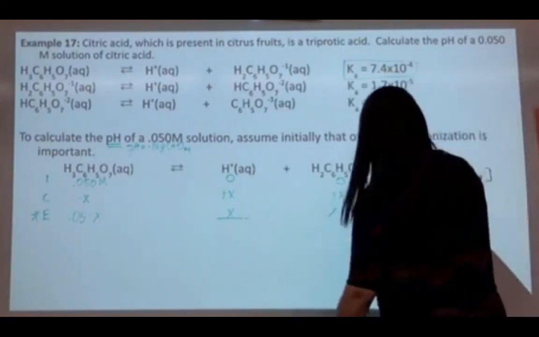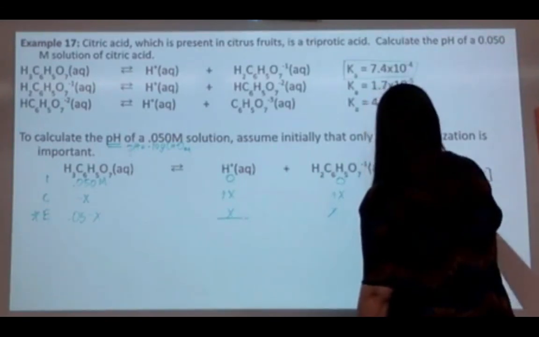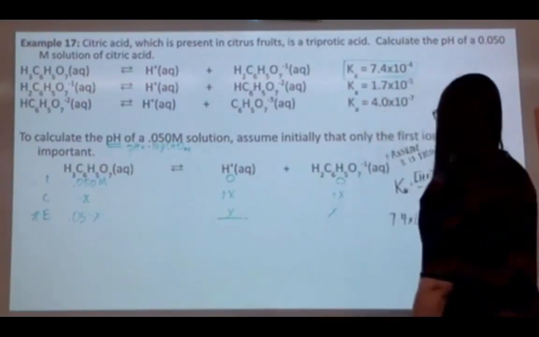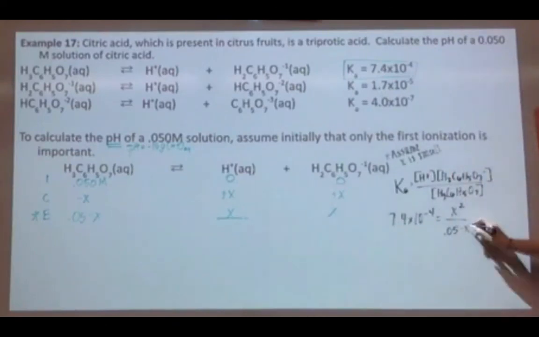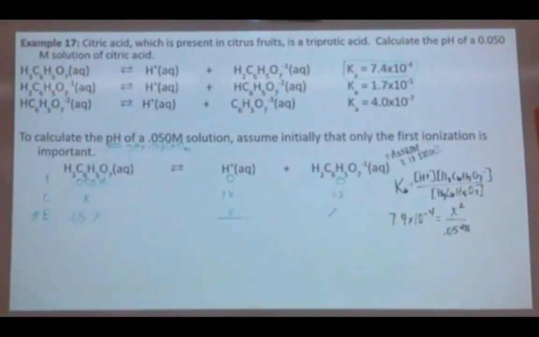If you're making an assumption, make sure to write it down somewhere. Assume X is small. Because we assume that the minus X does not play a role in changing the initial concentration of the acid.